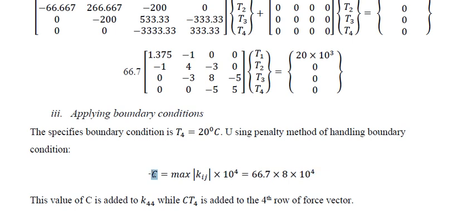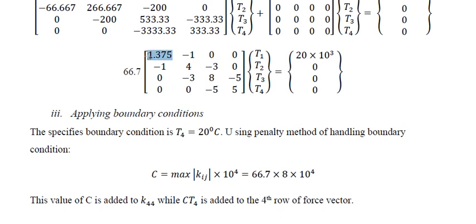That C is added with this term K44. Why K44? Because T4 is given. That is added with that term because T4 is given. T4 is the specified temperature. If T1 is given, that will be added here.